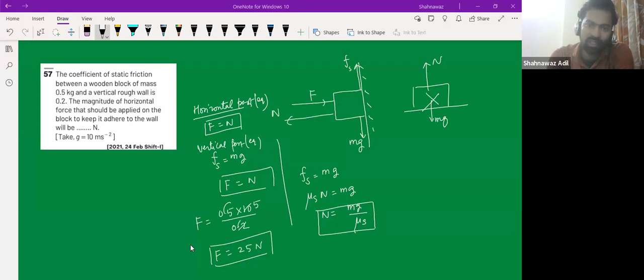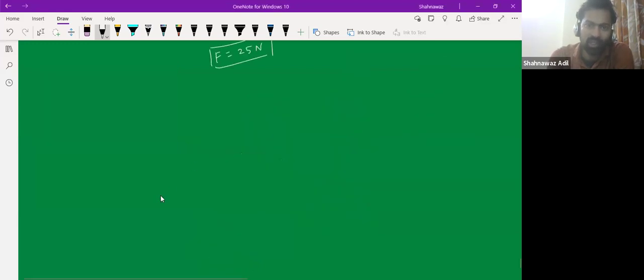Okay, so Maria is asking for a pulley question, so let's just do a simple pulley question, and we will just write the masses. Let's say we have this pulley, and then two masses are hanging.